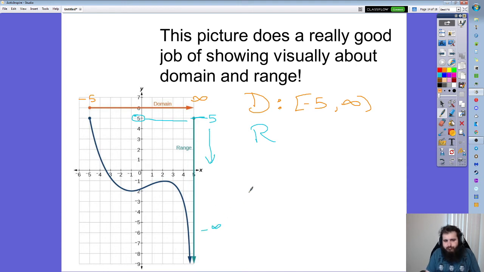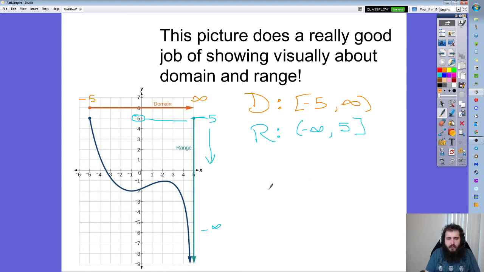Now, we want to make sure that we put things in order. The top number should go on the right, the bottom number should go on the left. So just be aware of that. -infinity always comes first, like this. Even though the arrow is starting here and going that way, don't let that confuse you. Smaller numbers go on the left, bigger numbers go on the right. Okay?